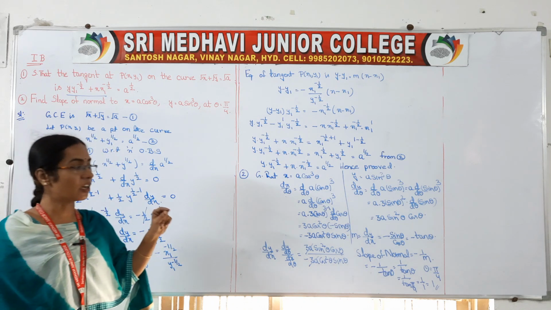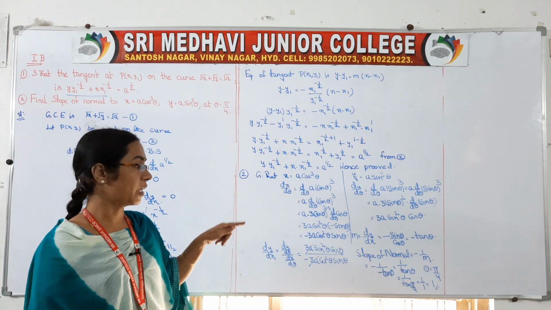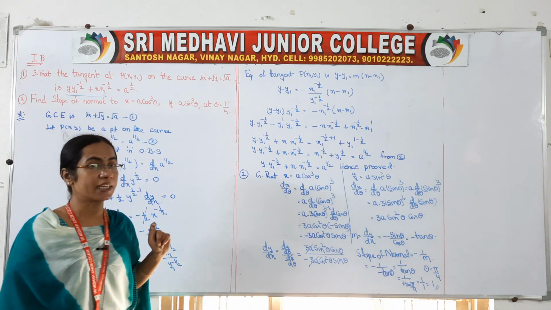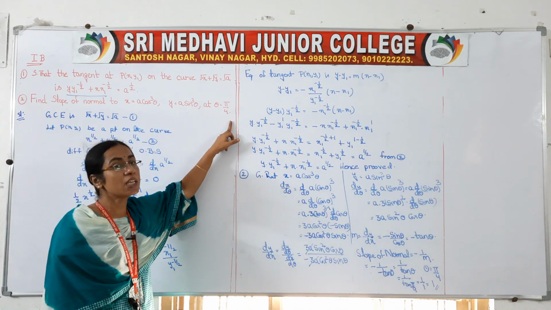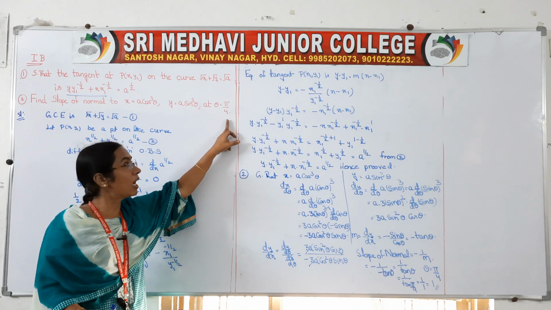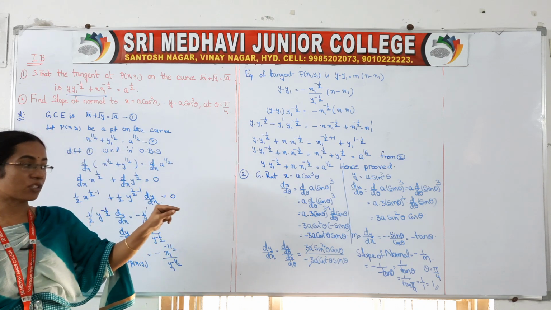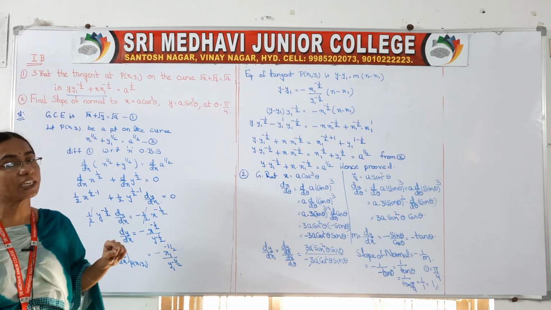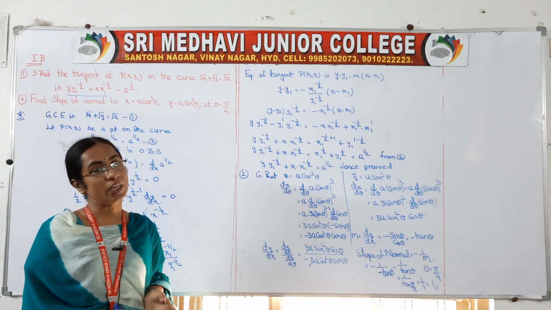So slope of the normal is minus 1 by m. So this is minus 1 by minus tan theta. Theta is given as pi by 4. Find the slope of the normal at pi by 4. So in that theta place you substitute pi by 4. Tan 45 is 1. So 1 by 1 is 1 only.